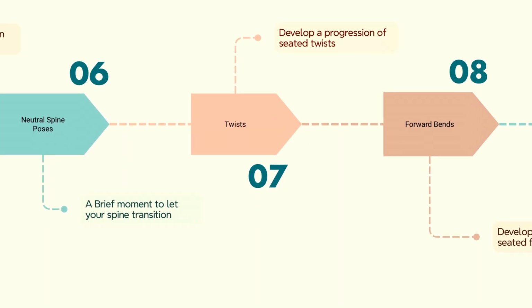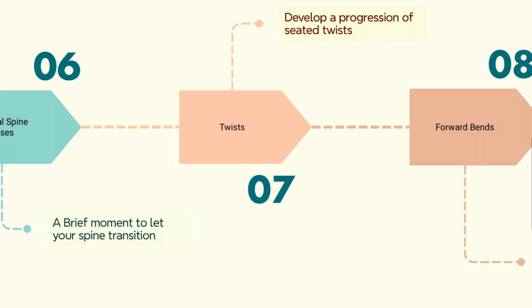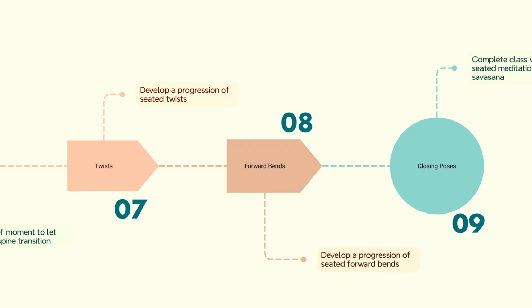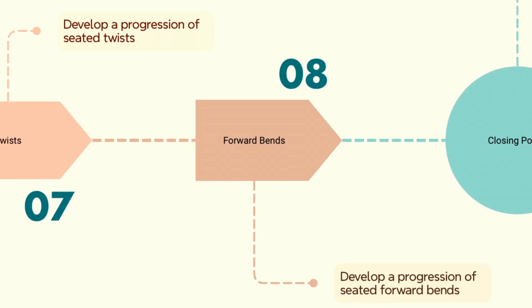Now we segue into forward bends and twists. Now, to be honest with you, it doesn't matter to me whether it's forward bends, then twists, or twists, then forward bends. But these are the two categories that we want to work on. And forward bends also include hip openers, like seated hip openers.